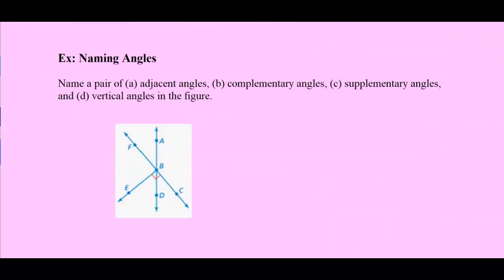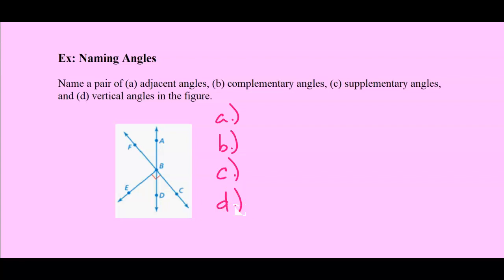Now we're going to practice naming angles. Looking at this diagram, we're going to identify a pair of adjacent angles, a pair of complementary angles, a pair of supplementary angles, and a pair of vertical angles. Notice that this diagram has points with capital letters.